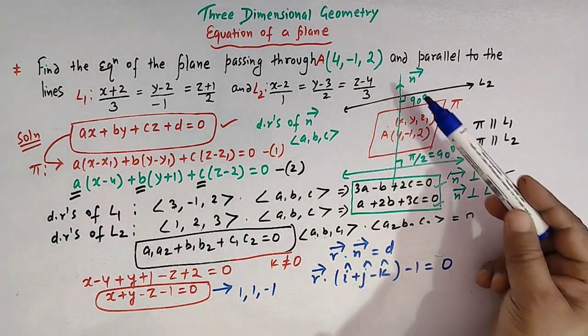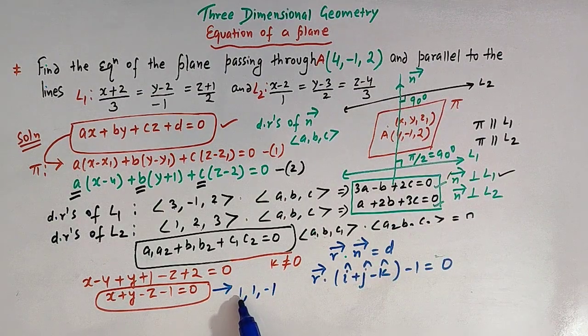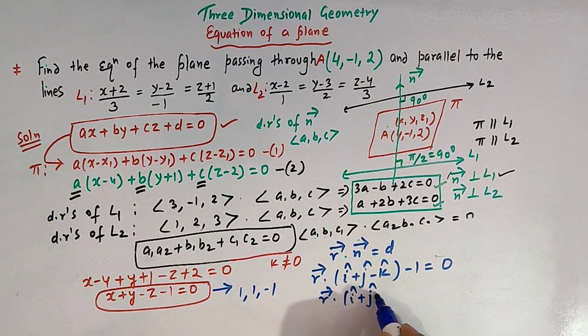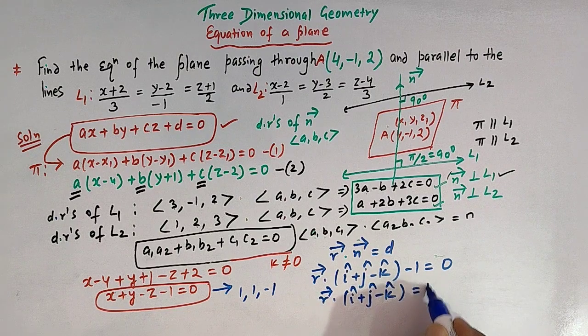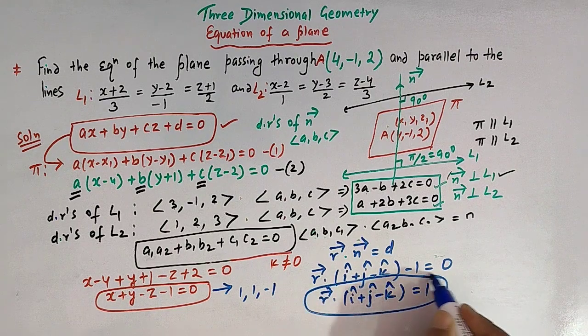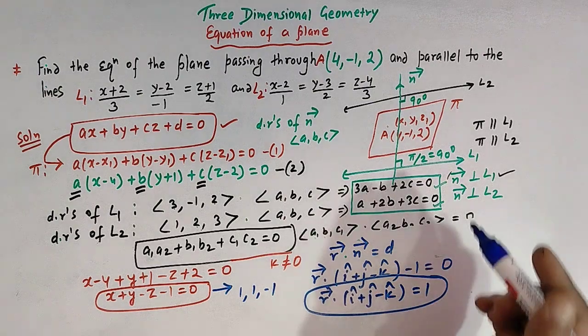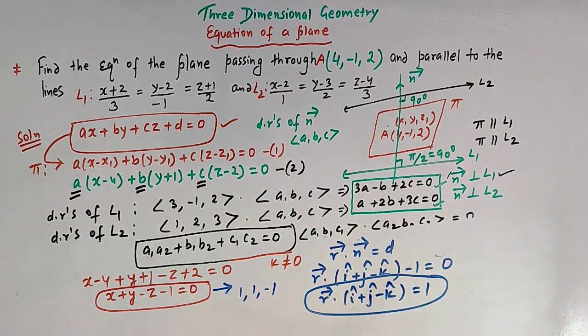So the direction ratios of the normal vector can be taken as 1, 1 and minus 1, right? So if we take this 1 to this side, we have vector r dot i cap plus j cap minus k cap is equal to 1, right? So this is the vector equation of this plane pi.